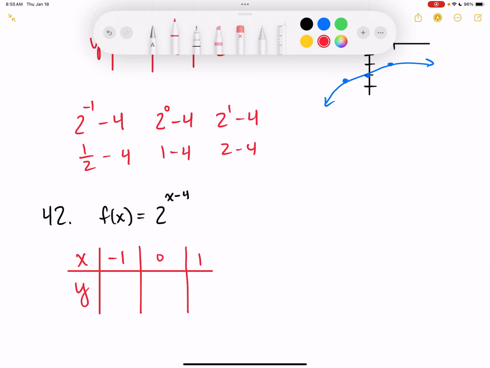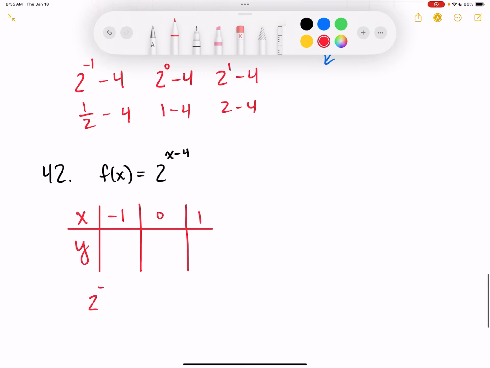All right, so at -1, we have 2 to the -1 minus 4, which is 2 to the -5. So that would be 1 over 2 to the 5th, which is 1 over 32. If I put in 0, I have 2 to the 0 minus 4.